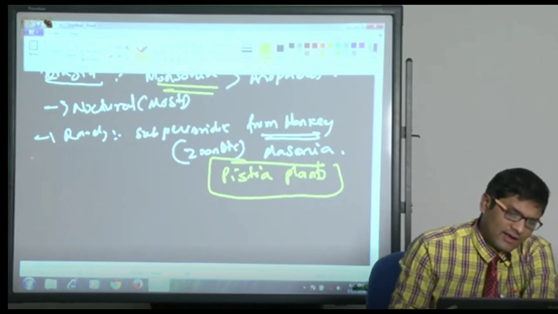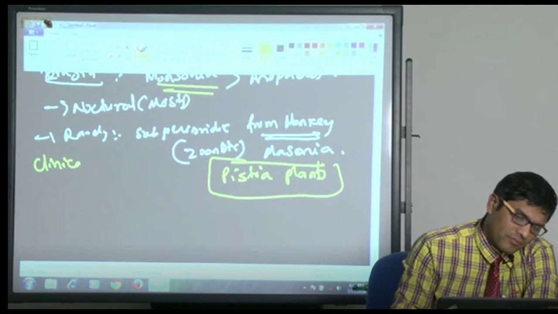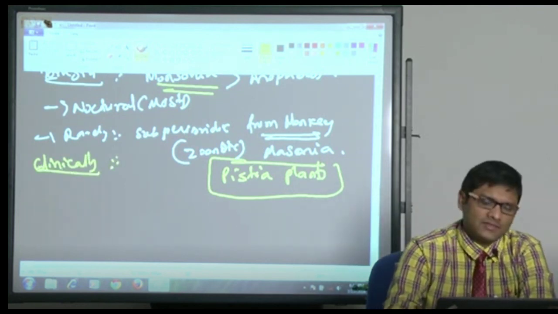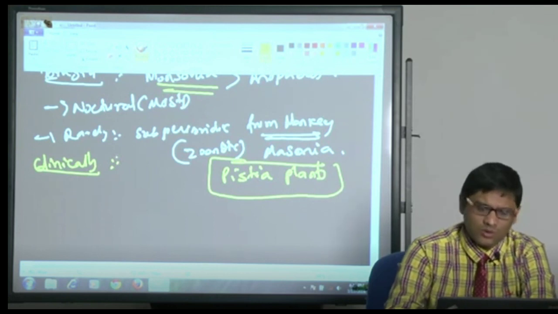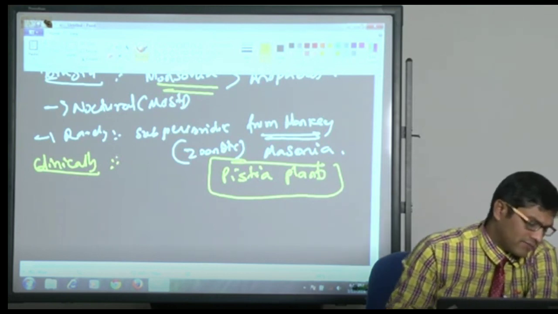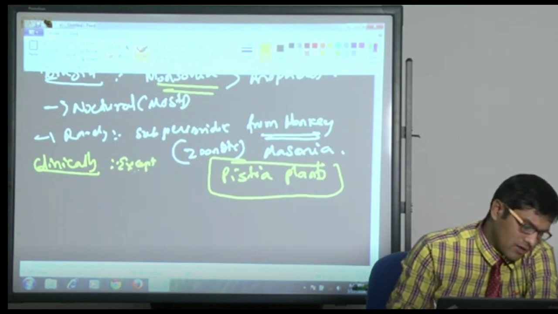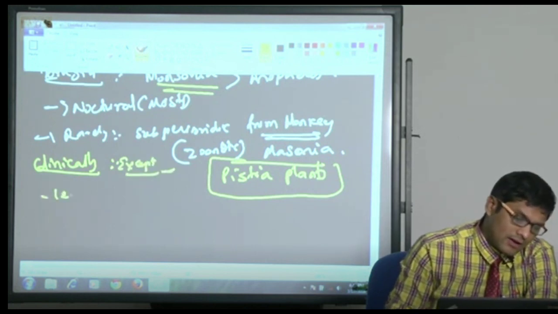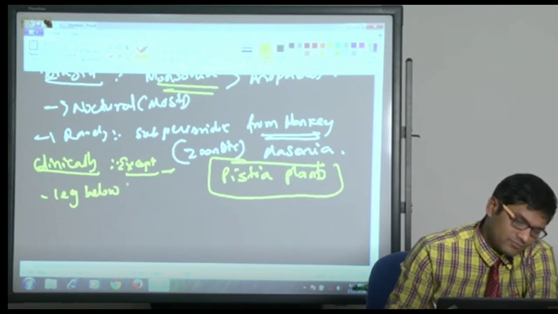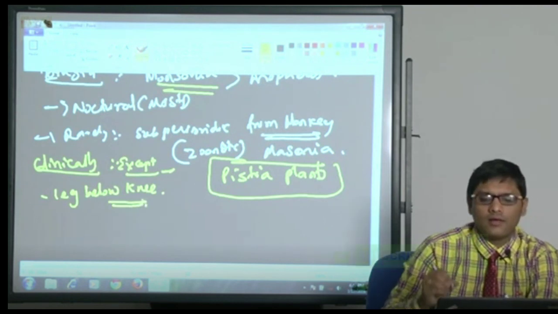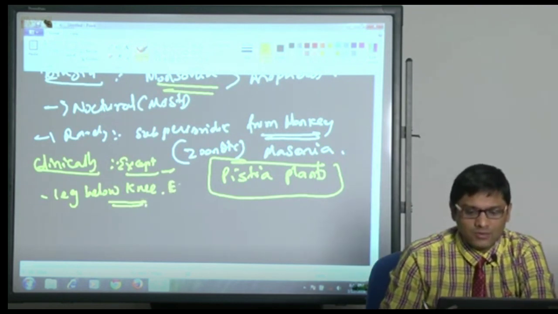Okay, then clinically Brugia malayi infection is almost same as Wuchereria bancrofti infection. Only difference is here only the leg below the knee is involved. The elephantiasis occurs only below the knee.